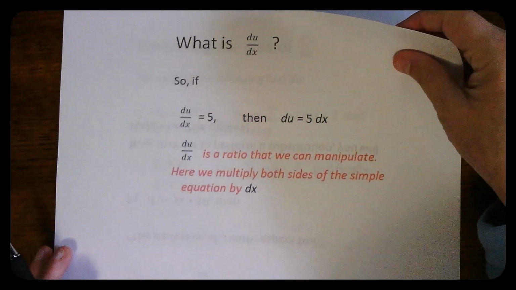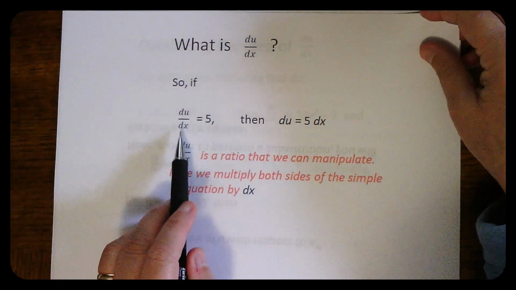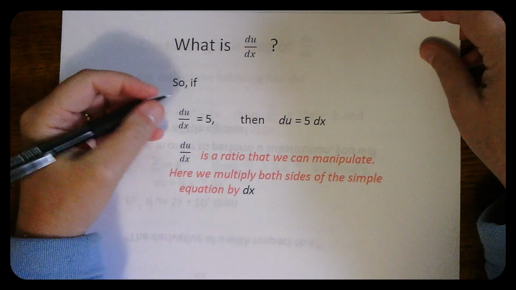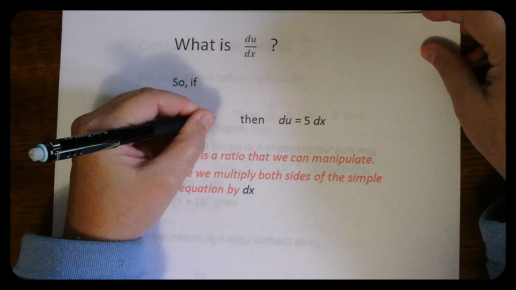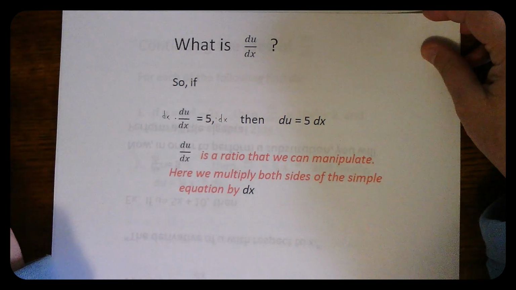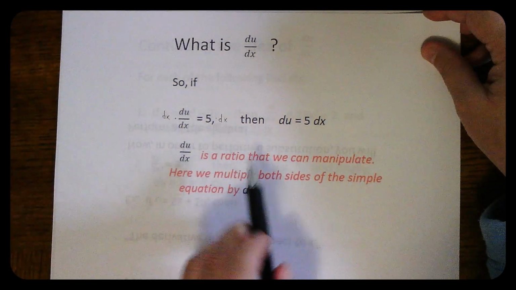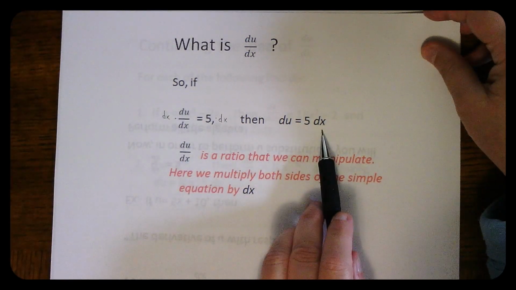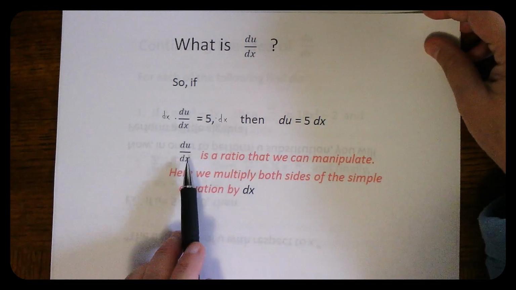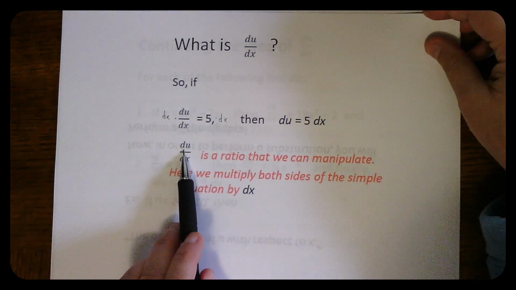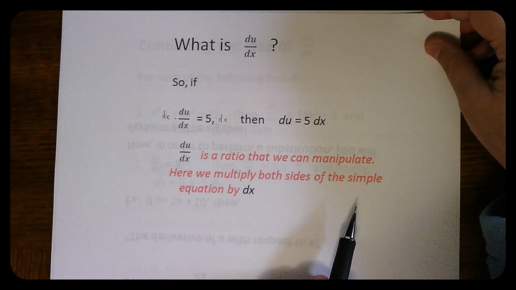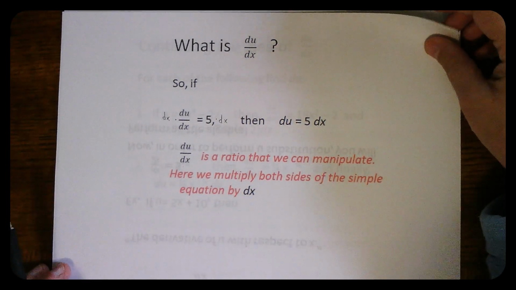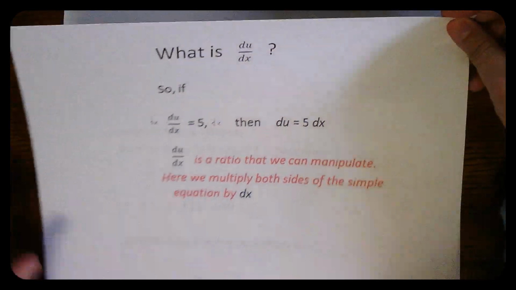If du over dx is equal to 5, we can treat that sign as division and multiply both sides by dx. So then you have du equals 5 dx. Du over dx, or the derivative of u with respect to x, is a ratio that we can manipulate.